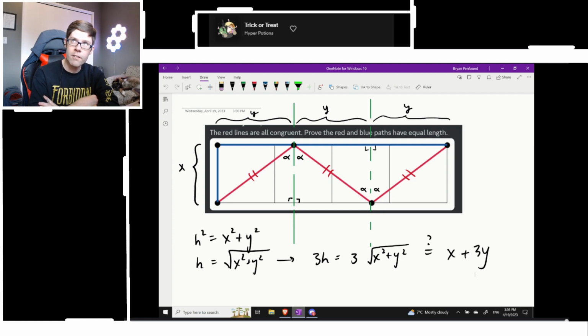I could always do the squared length as well. If I have 2 lengths, and they're the same length, and I square them, their squared lengths should be the same too, and then we don't have to fuss around with square roots.